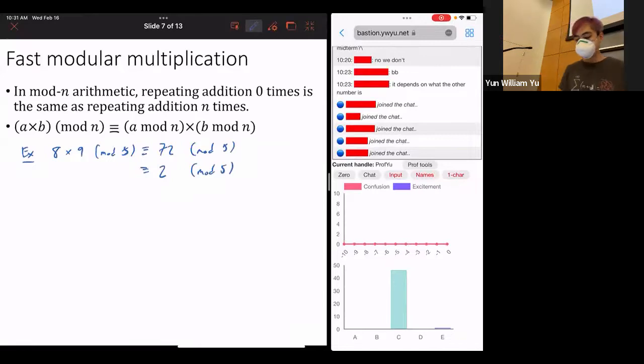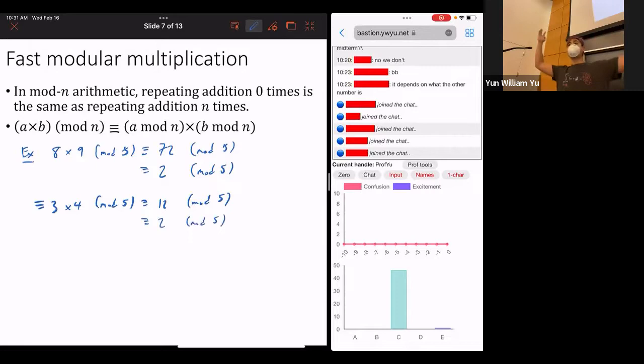Right? Okay, so that's easy enough. But you could also do this. That's equivalent to 3 times 4 mod 5, which is equivalent to 12 mod 5, which is equivalent to 2 mod 5, because you can reduce both of their original numbers first.